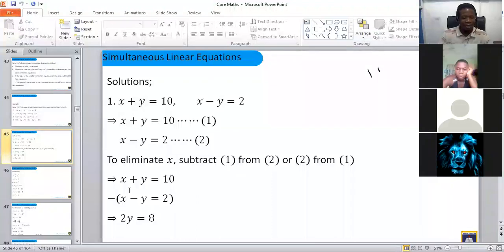We subtract like terms of x in equation 2. Y in equation 1 will subtract like terms of y in equation 2. Then 10 is a number constant. We'll subtract a number which is a constant in equation 2 because they are also like terms. Are you okay with the explanation?